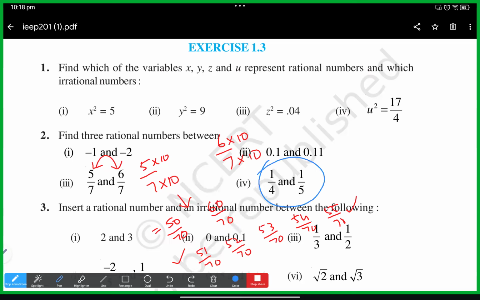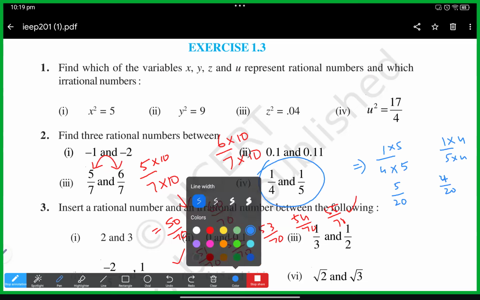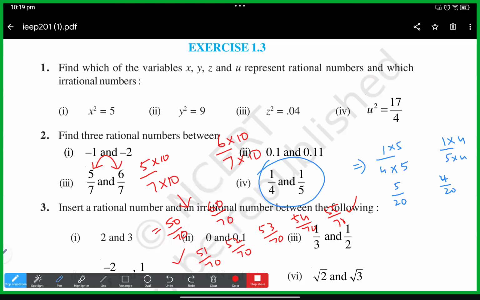Then the next one, 1 by 4 and 1 by 5. Let us multiply 1 by 4 by 5 and 5, and the other by 4 and 4, so 5 by 20 and 4 by 20. We don't have many integers within 5 by 20 and 4 by 20, so we multiply by 10 one more time.